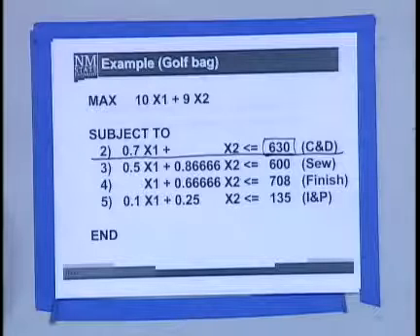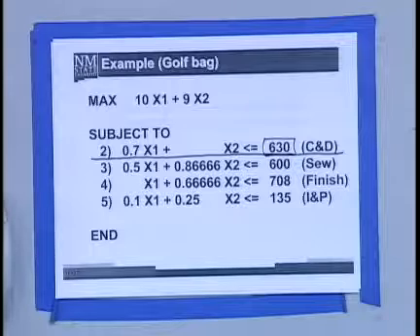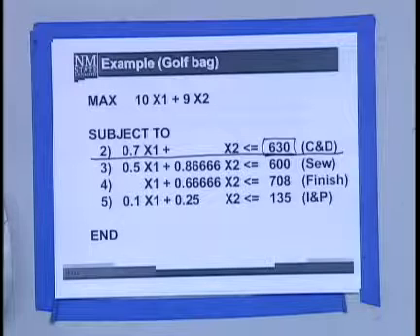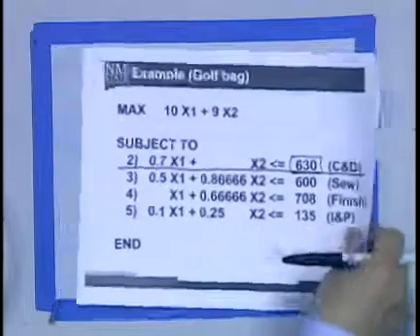So just like what we did in question number 4, we need to use the dual price and right-hand side ranges, right?